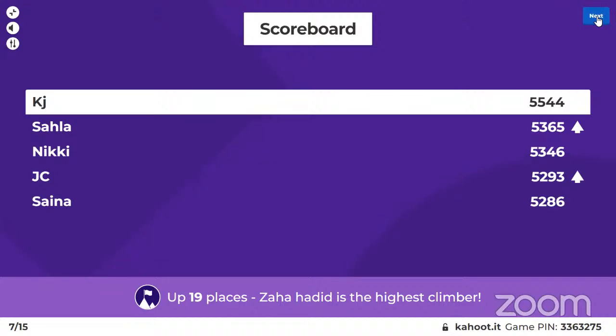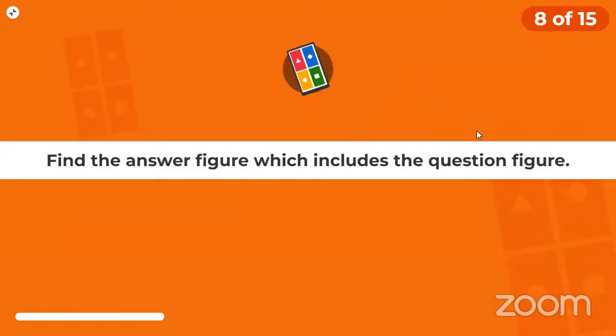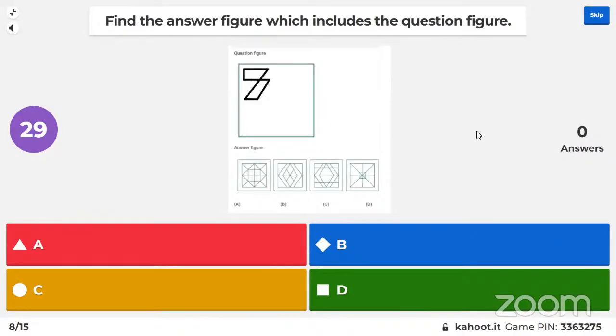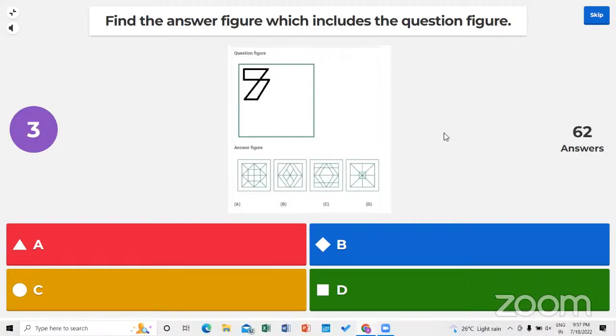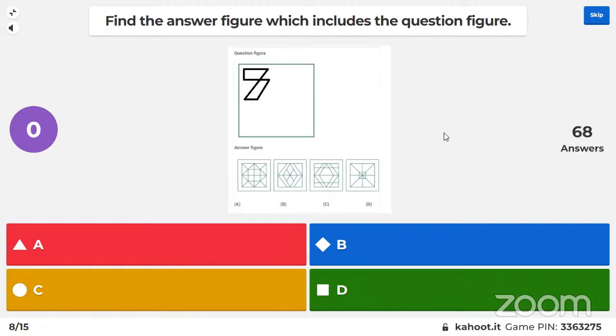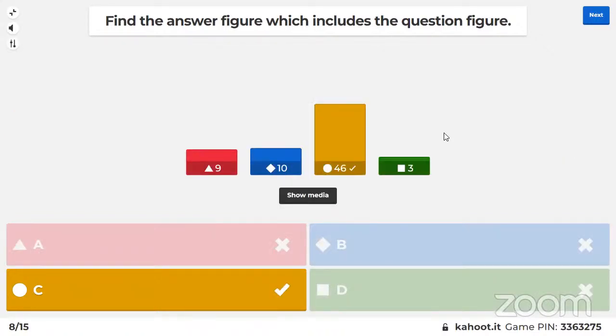The eighth question. Here is the eighth question for you. So time's up, everyone.